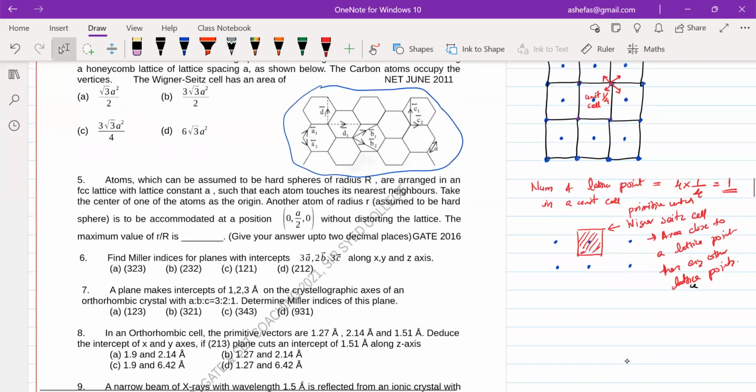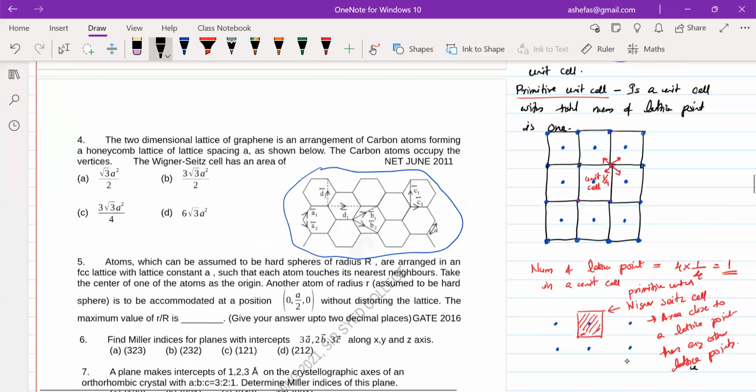Now, the thing is, the area or the volume of a primitive unit cell will be a constant for a lattice.